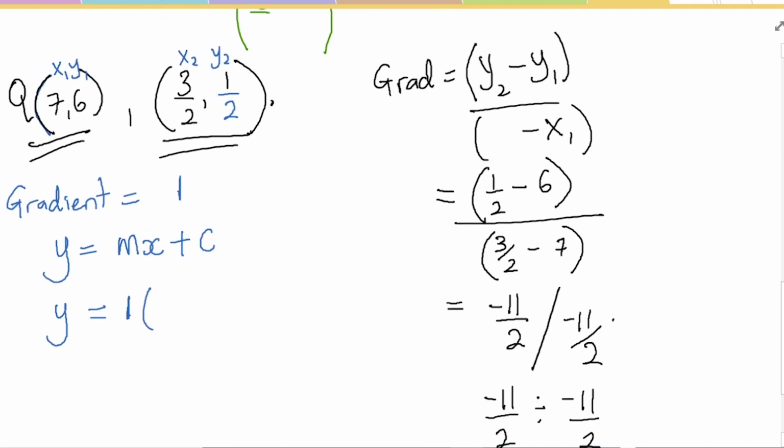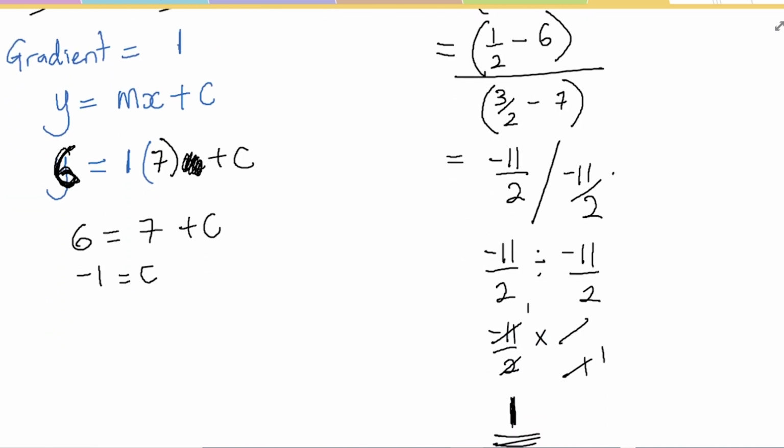Let's choose x as 7, and y is 6. So 6 is equal to 1 times 7, which is 7, plus c. So 6 minus 7 is negative 1, which is equal to c. So our value of c is negative 1.